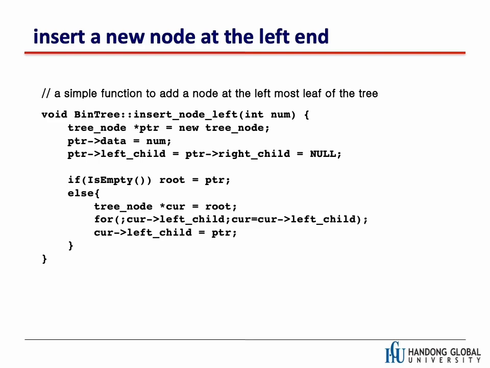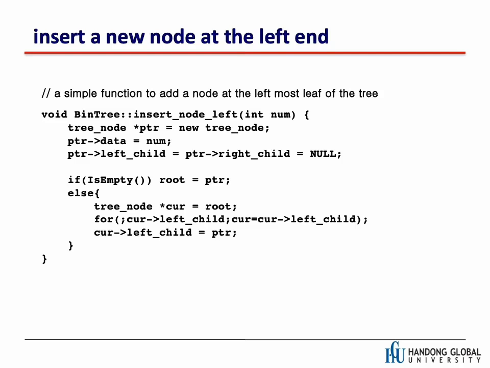There are some algorithms, but to think of this insertion in a simple way, let's just add a node at the leftmost leaf of the tree. Given a binary tree, we will add a new node at the leftmost leaf node. This is one simple implementation, not a general insertion function for a binary tree. This is one simple extreme case example.